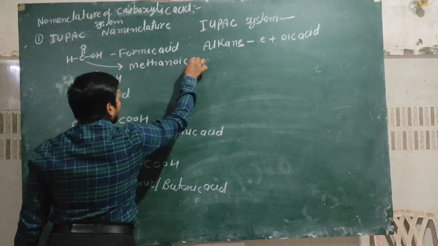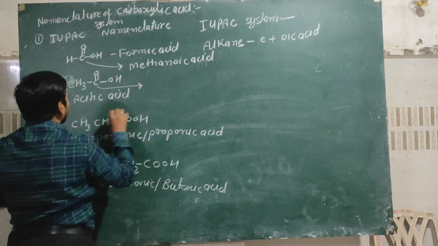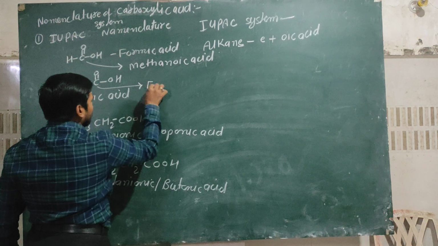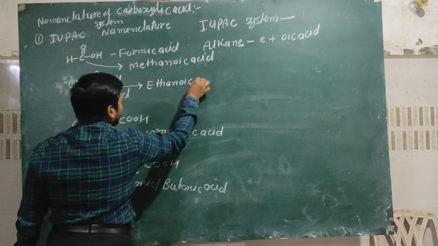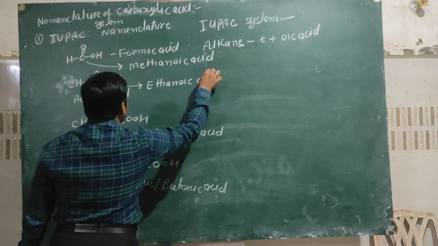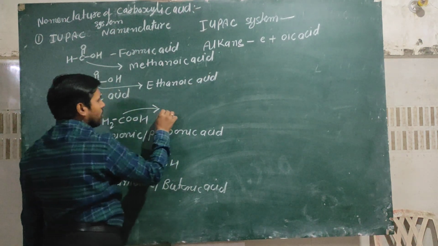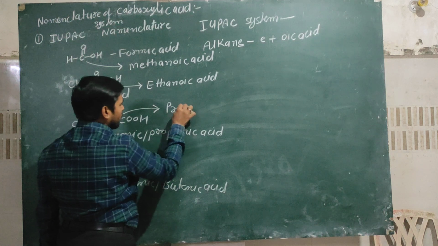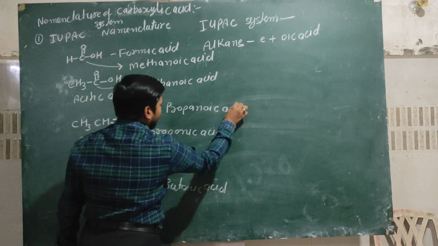methanoic acid. Okay, it contains a total of 2 carbons, then its name is ethanoic acid. Okay, and it contains 3 carbons, then it is known as propanoic acid.